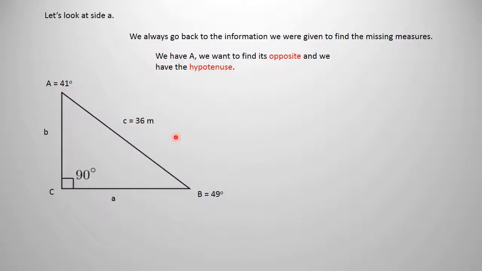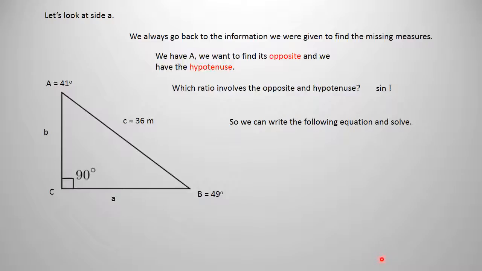If I have an angle, what's the ratio between its opposite and hypotenuse? Well, of course, it's the sine. So now we can set up an equation that the sine of 41 degrees is equal to opposite over hypotenuse, or the sine of 41 is A over 36.